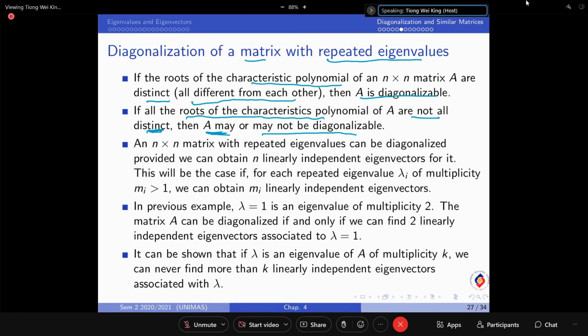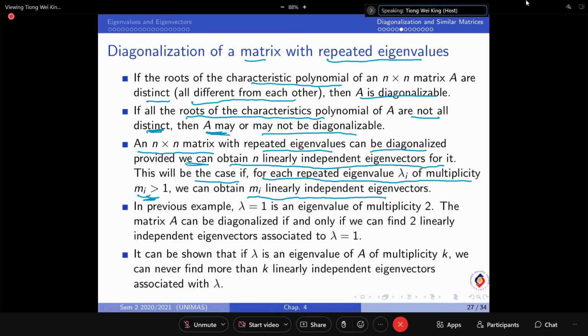So how do we make sure whether A can be diagonalized or not? It depends on this. A square matrix with repeated eigenvalues can be diagonalized provided we can obtain linearly independent eigenvectors for it. Meaning for each repeated eigenvalue of multiplicity m greater than 1, we can obtain m linearly independent eigenvectors.